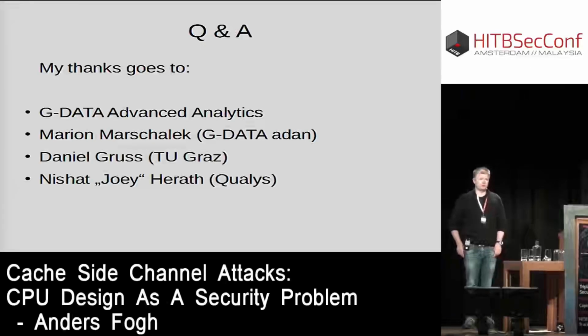Okay. It's all about physical addresses. The L3 and L2 caches are both driven by physical addresses, which allows us to bypass the paging system. The L1 cache is a bit special in that direction. So running attacks on the L1 cache is an entirely different story.